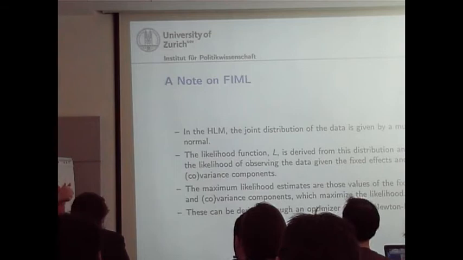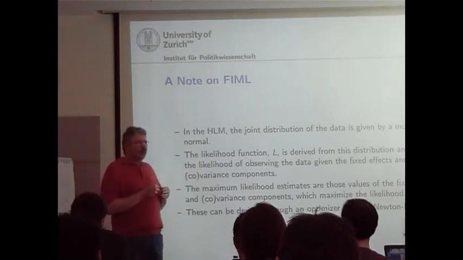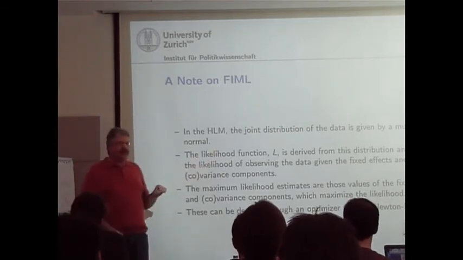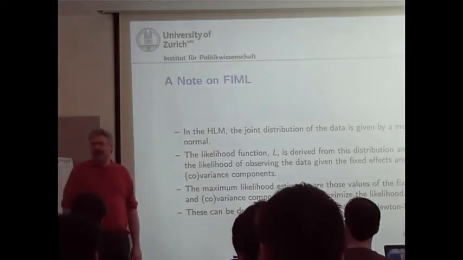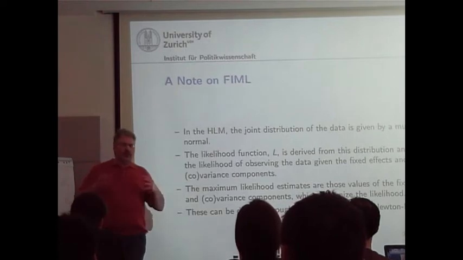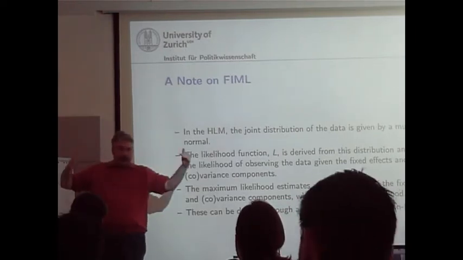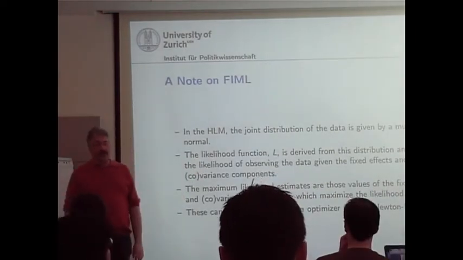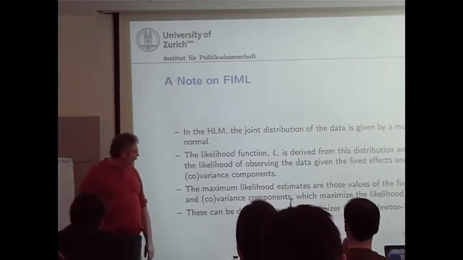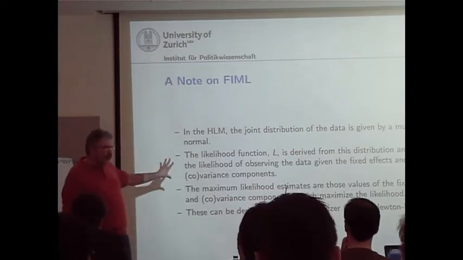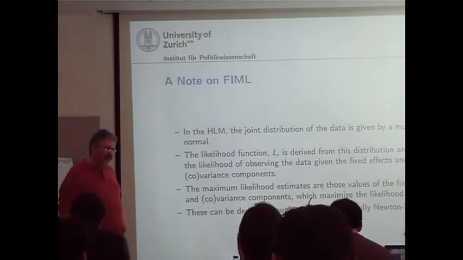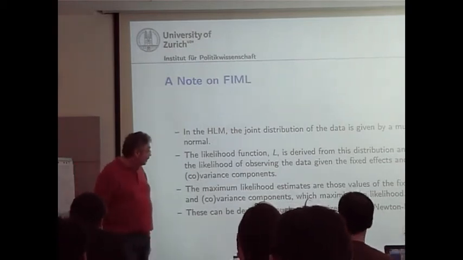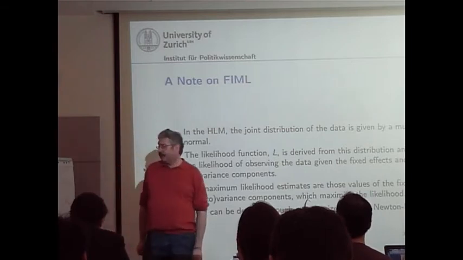So you think of it this way: if you plug in values for these fixed effects and these variance and covariance components, you obtain a value for the likelihood of the data. The maximum likelihood estimates are those values that maximize the likelihood.